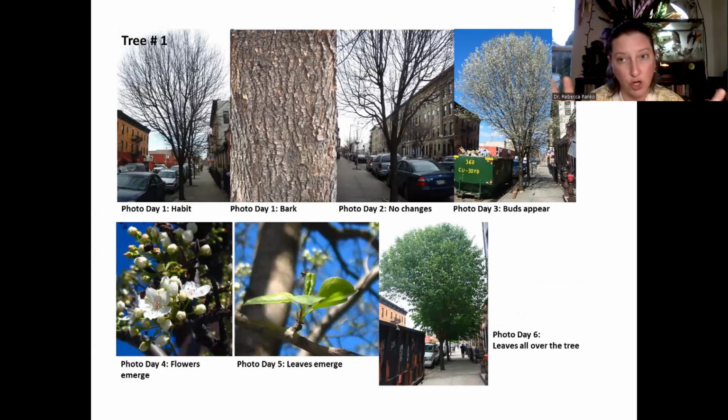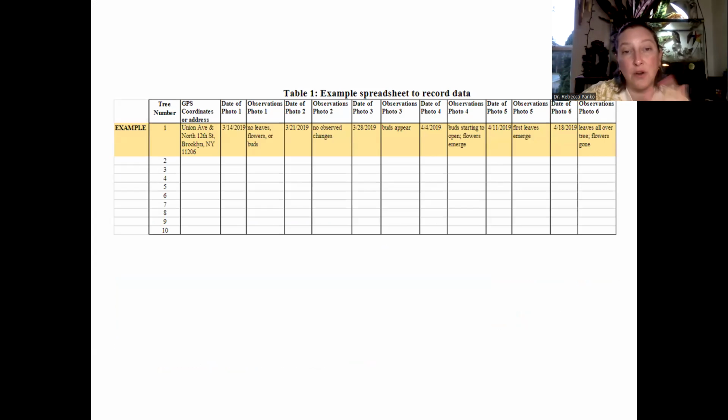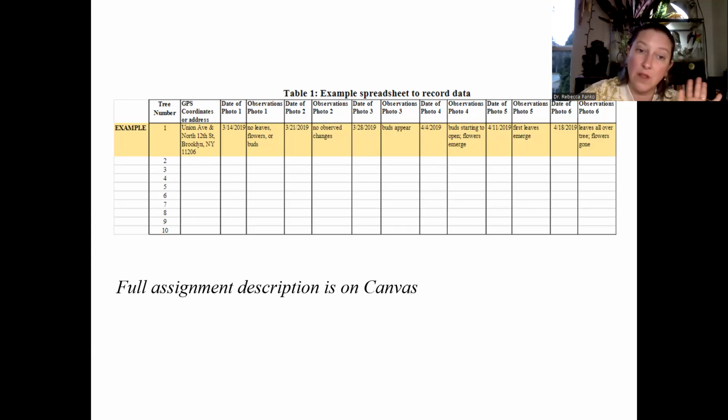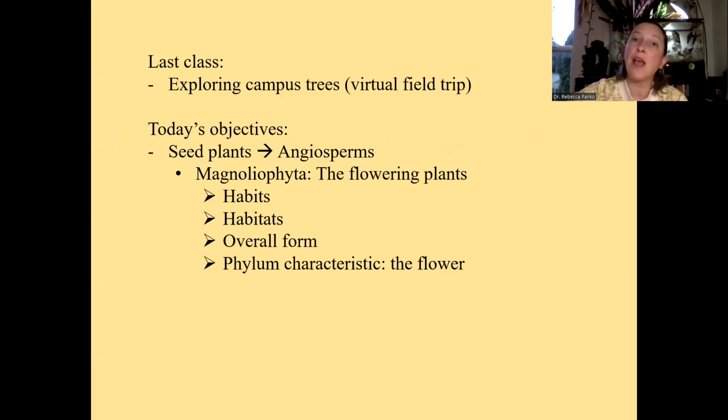One slide per tree. And your Excel file will look something like this. This is all available on Canvas, but I'm just reminding you that there's a format you're supposed to be following. Full assignment descriptions are on Canvas. It's been up there for over a month. Please follow those instructions. All right, last time we did a virtual field trip of the campus trees.